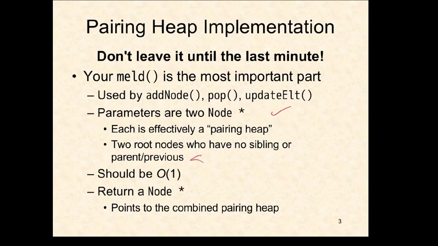One of the things that the spec says you have to do is decide whether you want to use a parent or a previous. Deciding on parent or previous doesn't affect whether or not you can pass the timing or memory. I have written 4 versions of pairing heap with different choices: do I use a parent or previous? Did I use a 2-pass or a multi-pass pop? You'll know more about that when you read the paper.